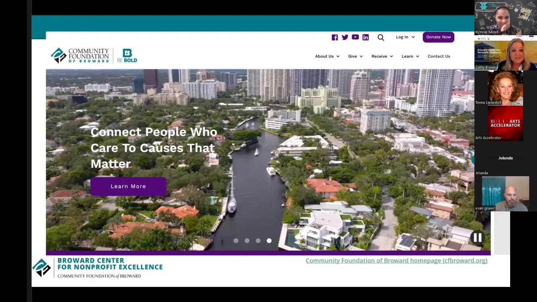Now I will also let you know that this is really, really recent. So we don't have all the answers yet as to exactly how this is working. What we know, and what my colleagues will then kind of help walk you through, is that from now on, again, within a few parameters, any organization that works in and serves Broward County and wants to come to us for funding will identify which focus area that they fit best in and will apply in that area.